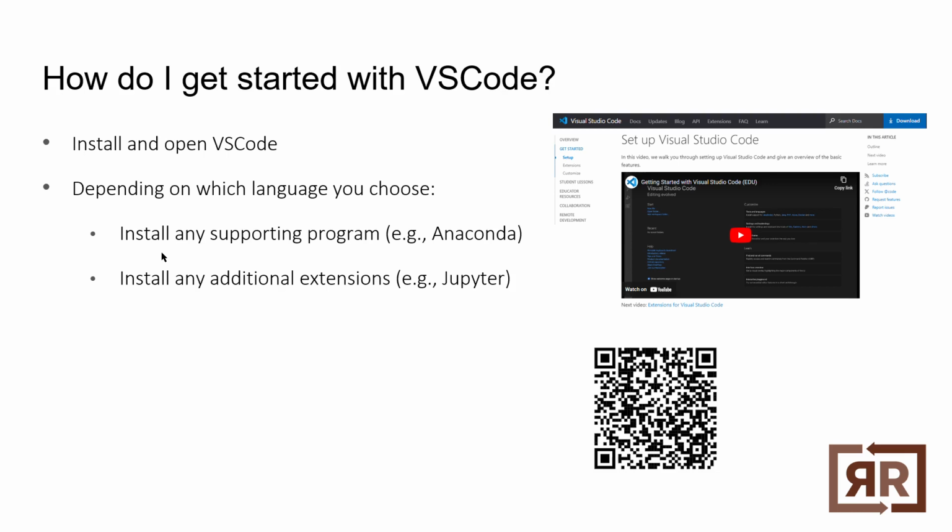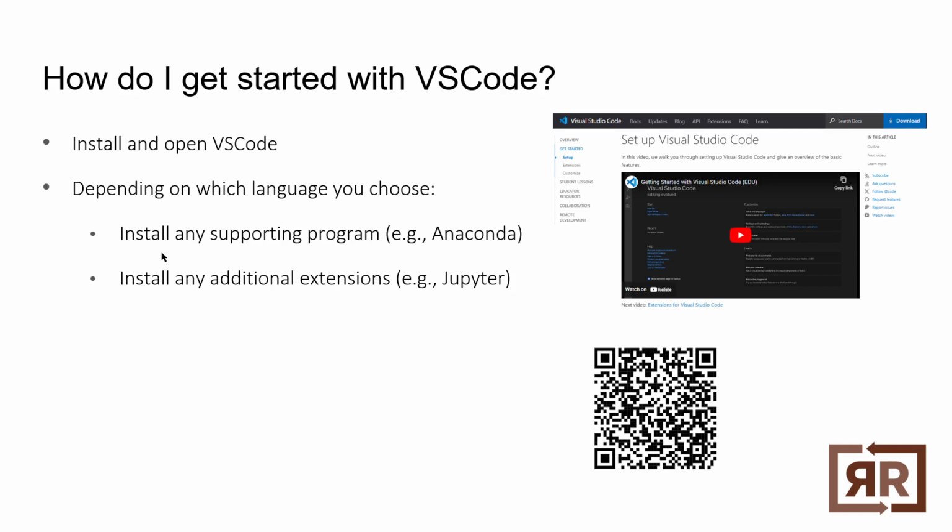The next step after installing VS Code would be to decide which language you want to use and which extensions and supporting programs you may choose to install for the language that you choose. Personally, and for today, we will be talking about Python. So the supporting program associated with that will be Anaconda.